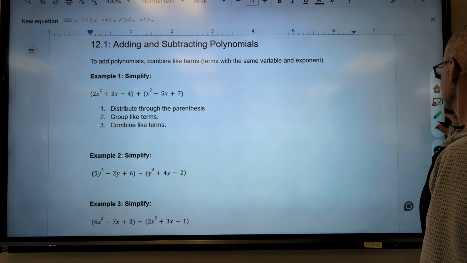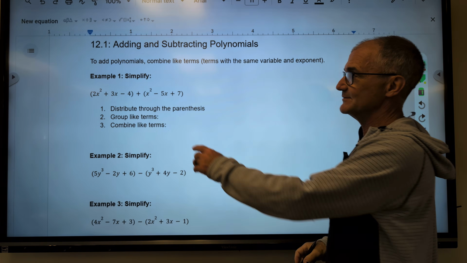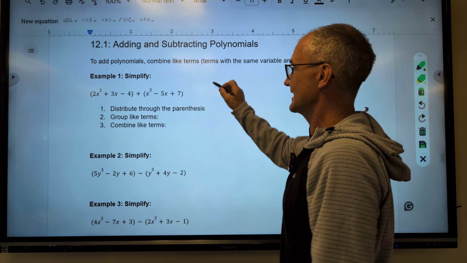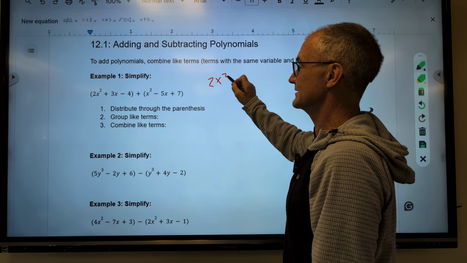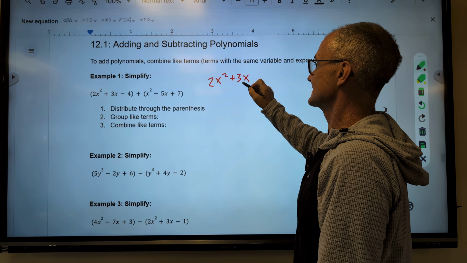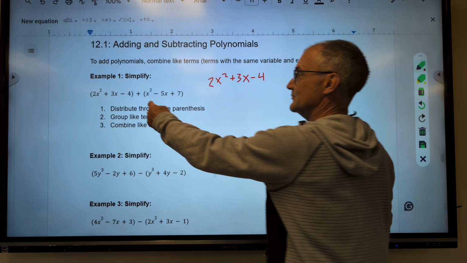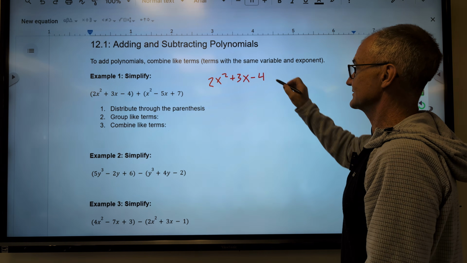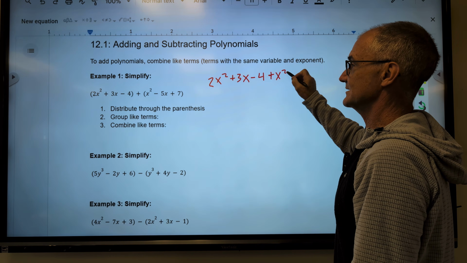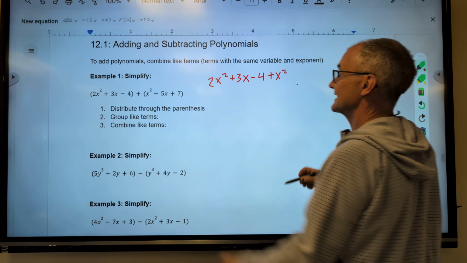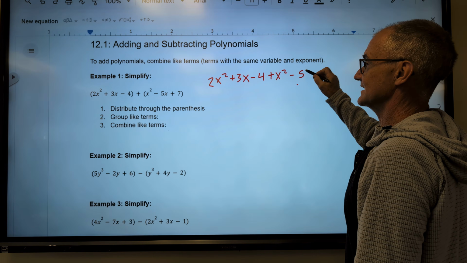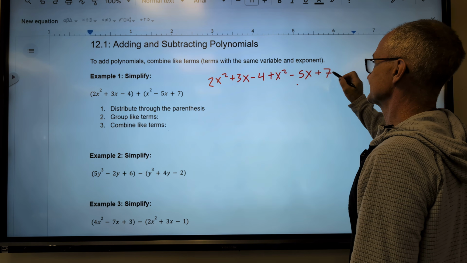It's going to be a little bit easier. I am just going to rewrite this. I have 2x squared plus 3x minus 4. Positive times a positive is plus an x squared. Positive times a negative is negative 5x plus 7.